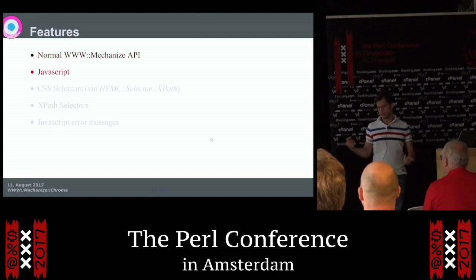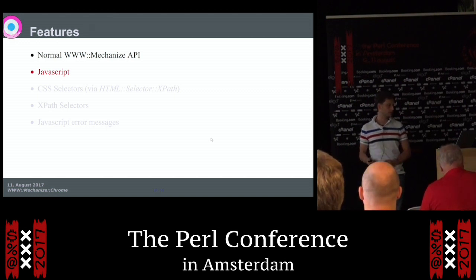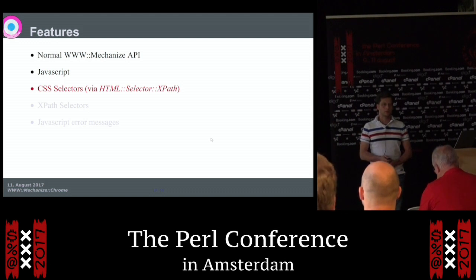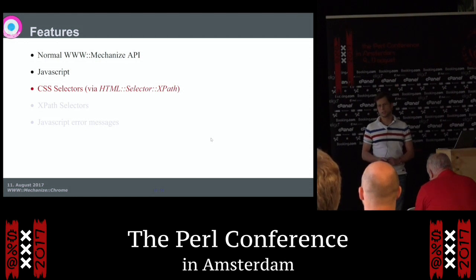And of course, the main pull of it is it also supports JavaScript, which Mechanize doesn't and can't because, well, it doesn't include the JavaScript interpreter. It also includes some methods for content extraction that I found really helpful to select content either by CSS selectors or by XPath selectors.